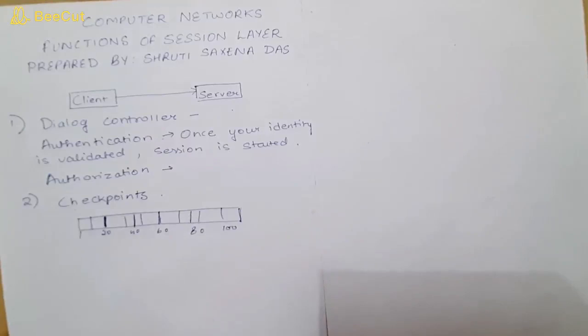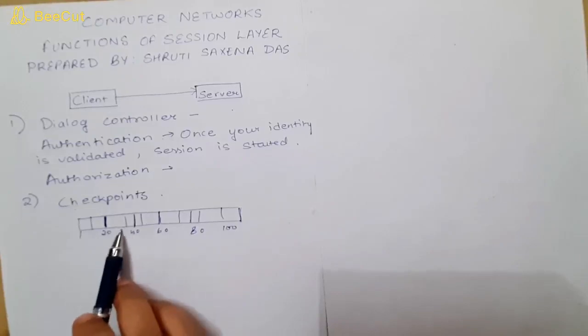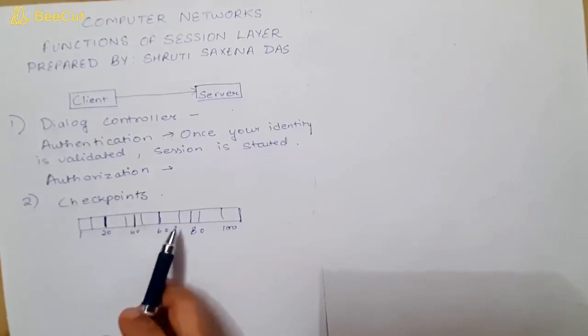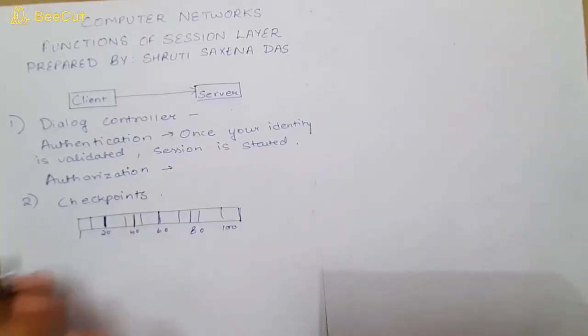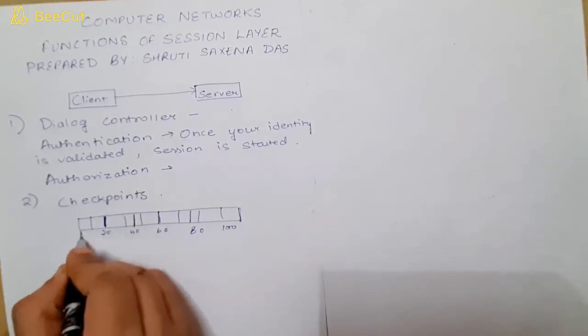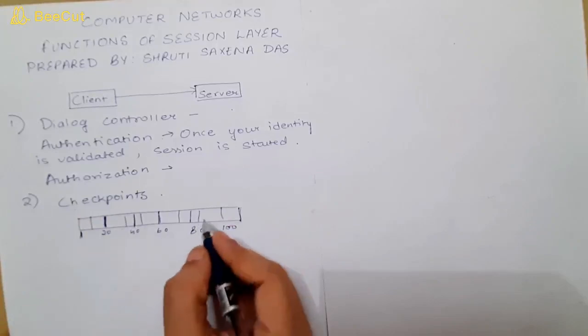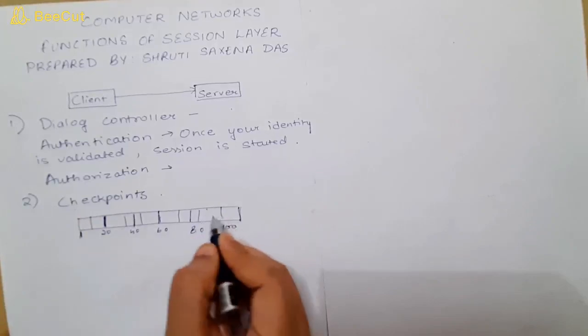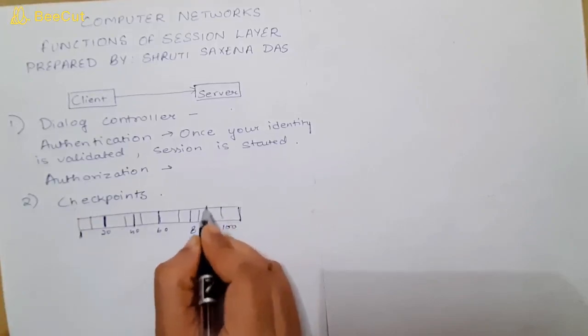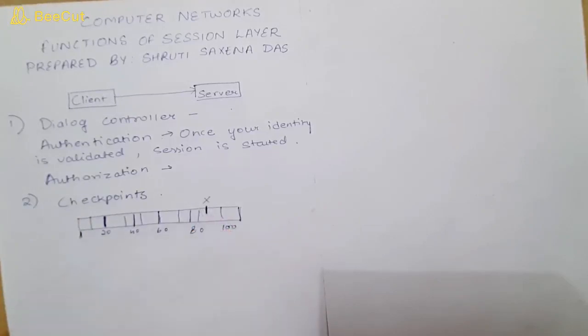By applying these checkpoints, in case of any failure, only the streams after the checkpoint have to be retransmitted. Suppose when we were transferring pages 1 to 100, a failure occurs at page 90. At this particular point failure occurs.